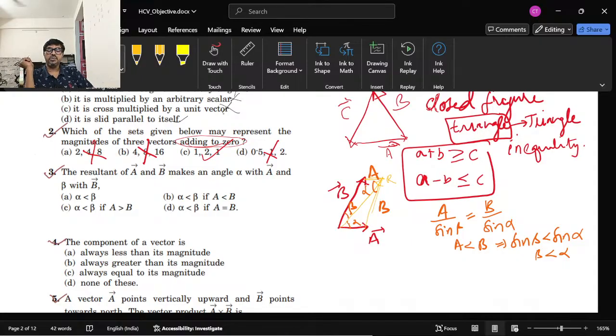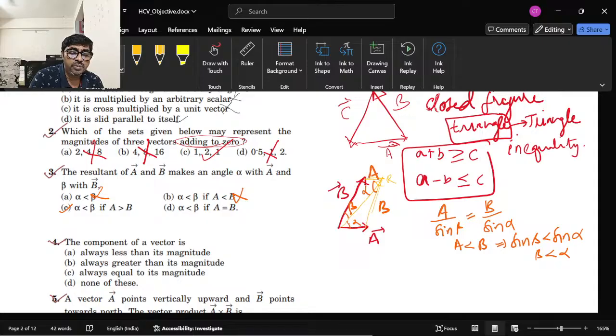A less than B means beta less than alpha. So what does it mean? This you can't tell always. This is wrong. Here, A greater than B means sine beta has to be greater. This is also okay. C option is okay.